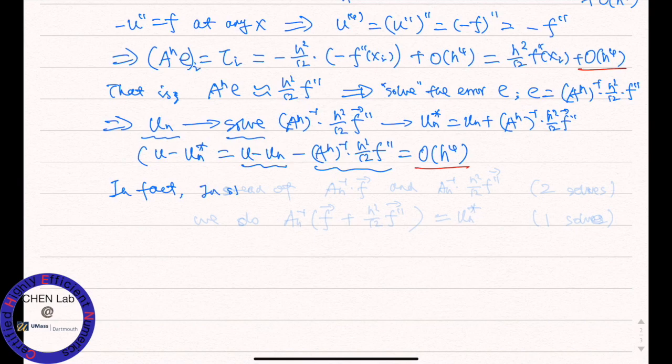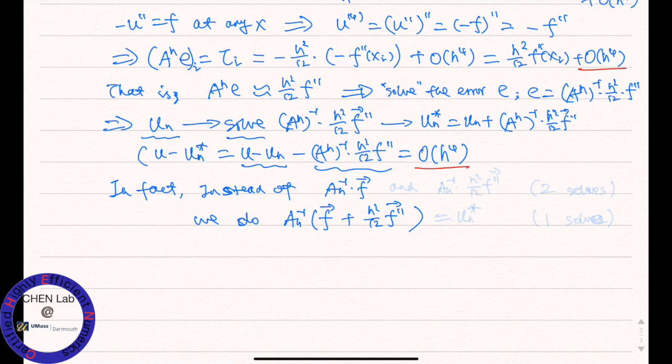Instead of what we have been doing, Ah inverse times f vector, we do Ah inverse times f plus that h squared over 12 f double prime vector.